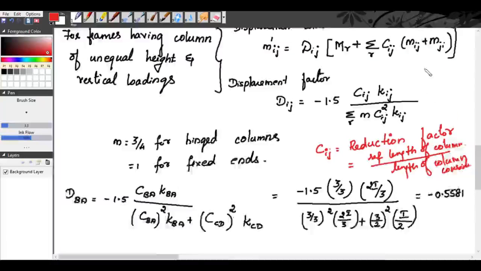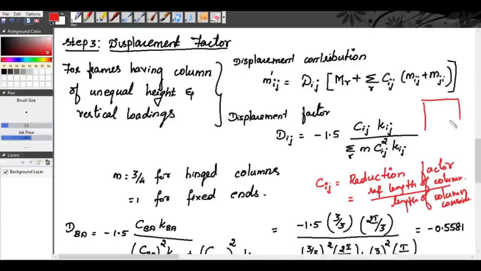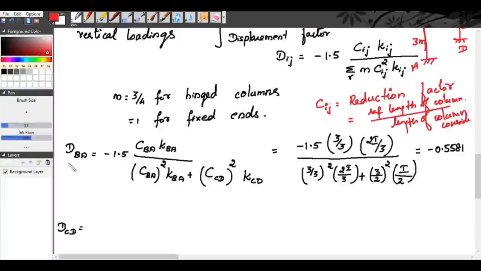Now, here our span is like this, right? A, B, C, D. AB is of span 3 meter, CD is of span 2 meter. So, we will take AB as the reference column. If AB is the reference column, CBA will be equal to length of the reference column is 3, length of the column considered is 3. That is why it is 3 by 3.